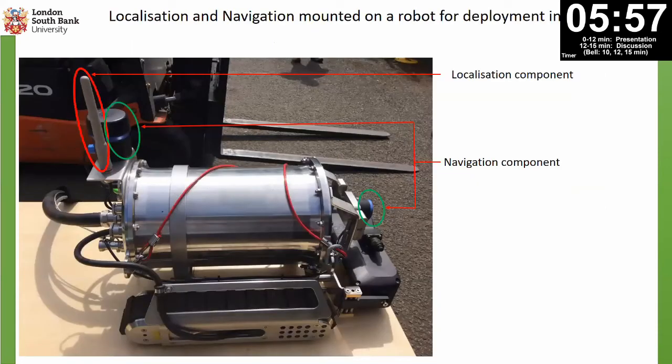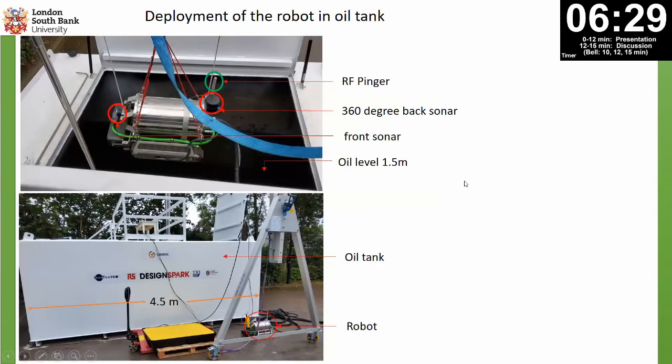Again, we used this system, which was developed in the lab, in a real robot environment for localization and navigation. The localization system uses the antenna, which is 433 megahertz RF, and we use sonar for navigation, mounted on the front and the back of the robot.